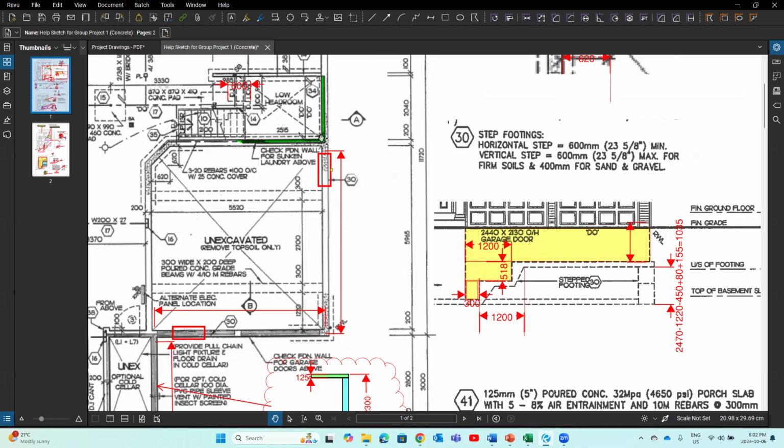Okay, take the length here, right? So take the length here, foundation wall, right? Now let's look at the foundation wall. The height would be this, right? We will be able to get the formwork. Okay, formwork for this foundation wall.